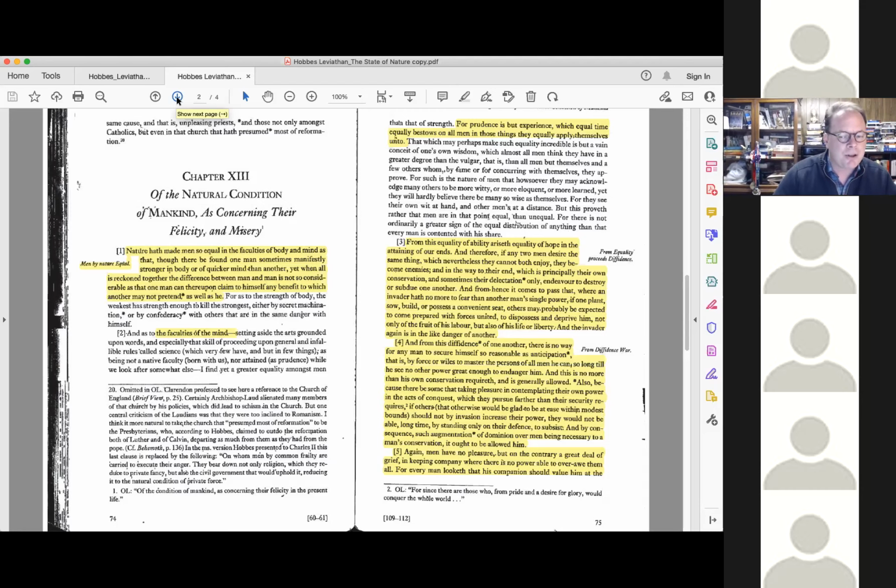What is that power that would overawe everybody and keep them from being violent? What is that thing that's missing in the natural condition?